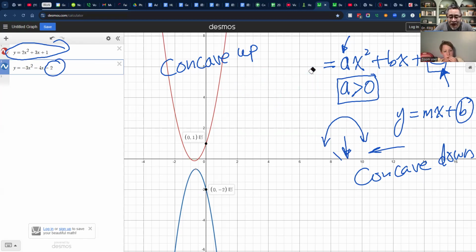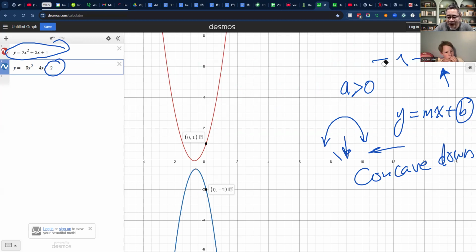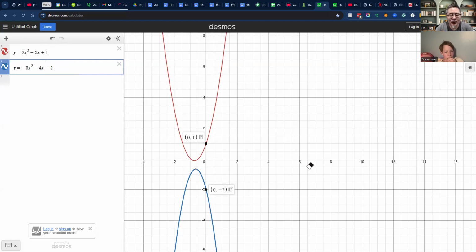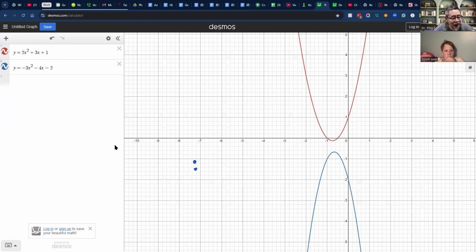There are some other properties besides concave up and concave down. The quadratic equations always have similarities. First of all, they all have a vertex point, either on the bottom or on the top. Depending on the function, some functions will have x-intercepts, some don't.